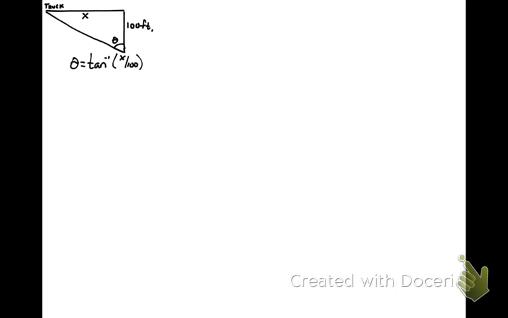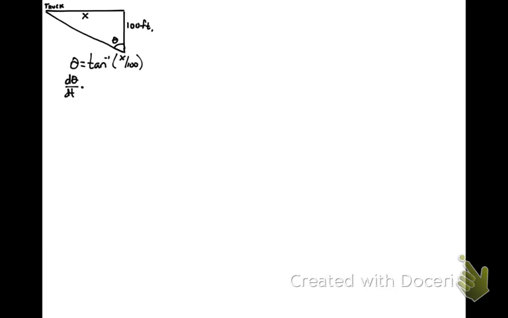Part B, we'd like to find d theta dt. So this just means that we're taking the derivative of the whole thing with respect to t.